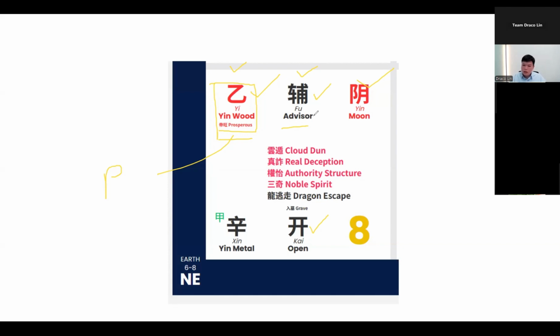Yes, that's correct. But however, why is it black? Because in this palace, this star is not a timely star, and that's the reason why it's in black. So which means I know I have a good star, but this energy level is poor. And if it's poor, this becomes a problem.